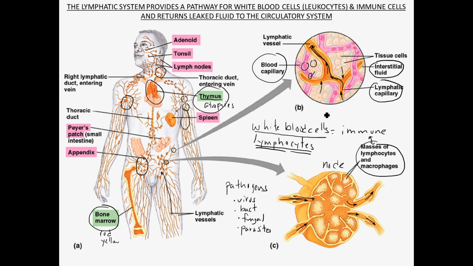Anything that would have penetrated into the bloodstream here, and then potentially have gotten out, leaked out of the capillaries into the interstitial fluid, and then into the lymphatic system here. So these white blood cells, these lymphocytes and these macrophages hang out in these lymph nodes, right, and are monitoring this lymph as it passes here.